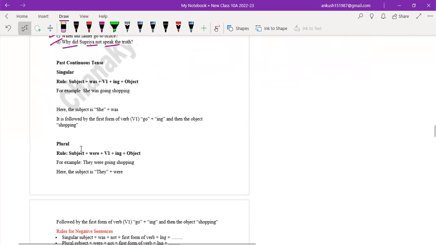Another tense in past is past continuous tense. It is just like present continuous tense. The only difference is that in present tense, we had three helping verbs for different subjects. But here, only two are to be used.